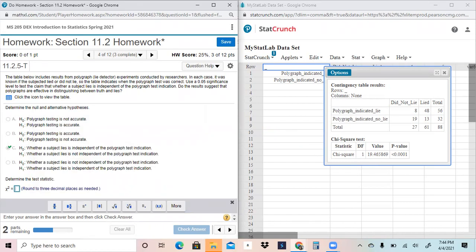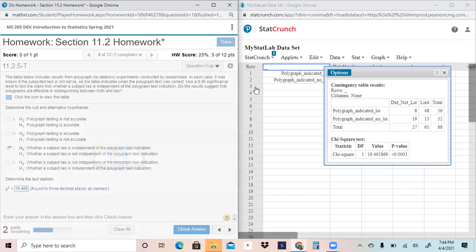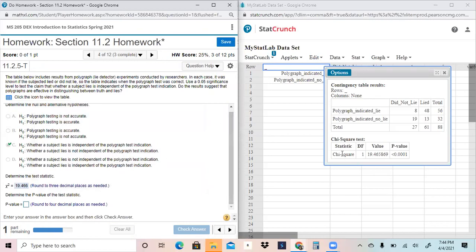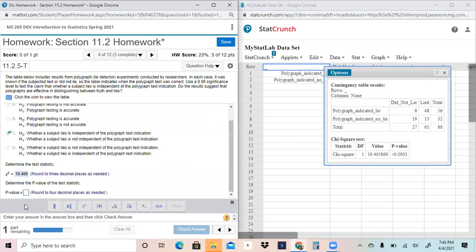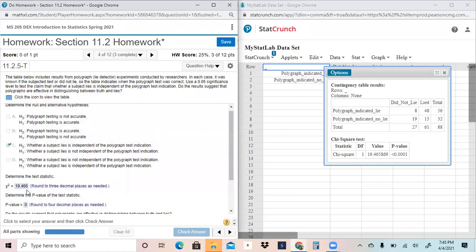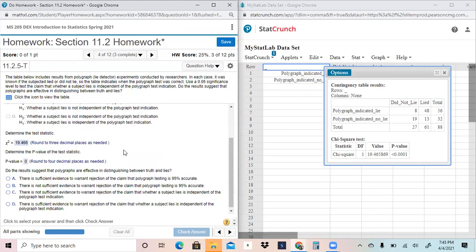So our chi-squared value is 19.466. Our p-value right here is less than 0.0001, so that's essentially 0. With our p-value at 0, obviously we're going to reject the null hypothesis.